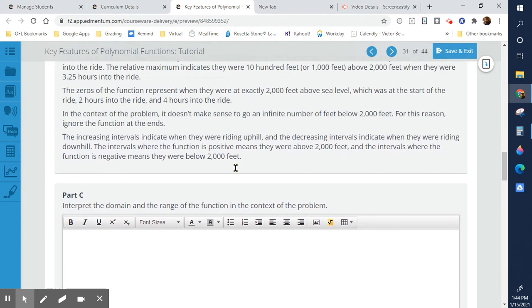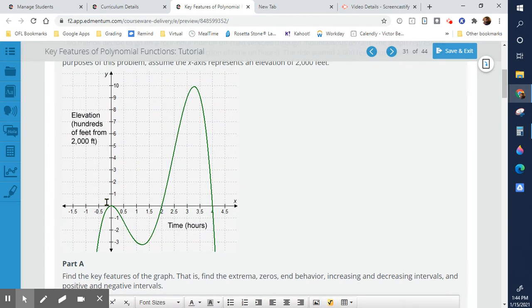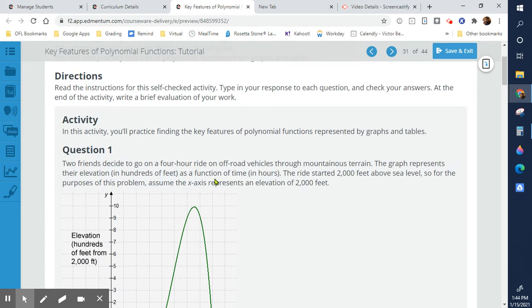Interpret the domain and range of the function. So the domain is our time. So domain is from 0 to, how long were they up there? 7 hours? There were a few hours. Oh, this doesn't say.